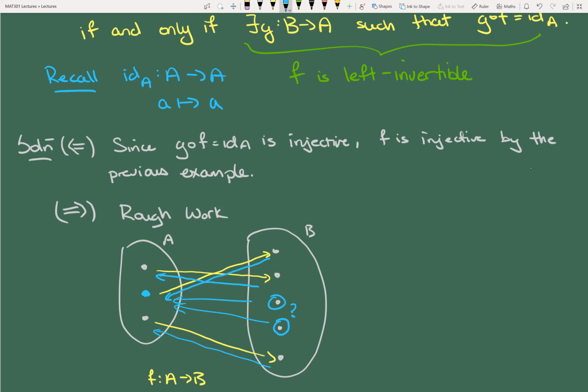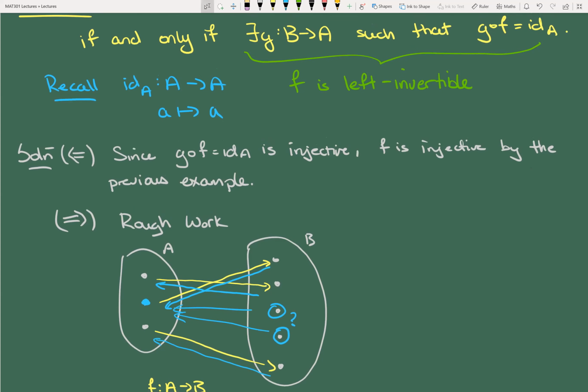Like that. Okay, and again, let's check. What's the only thing that needs to be true? It's that G compose F is equal to the identity, i.e. if I follow a yellow arrow and then I follow a blue arrow, I end up back where I began. Notice that there's no arrows pointing to those circled things on the right. So this is still true, right? G compose F is still the identity.